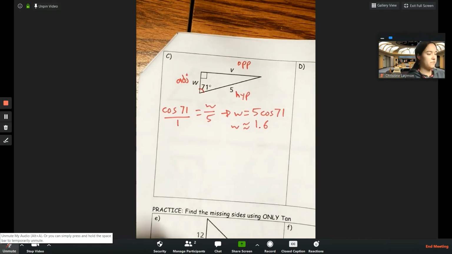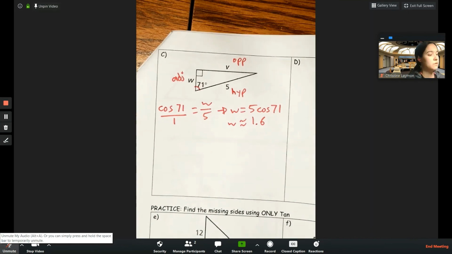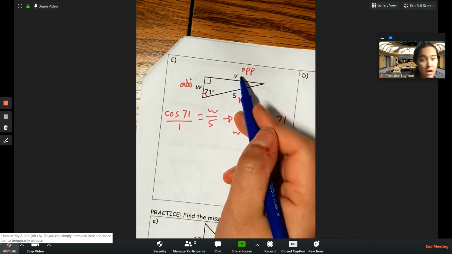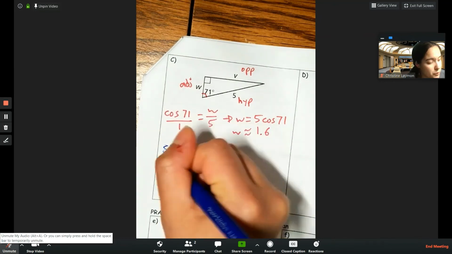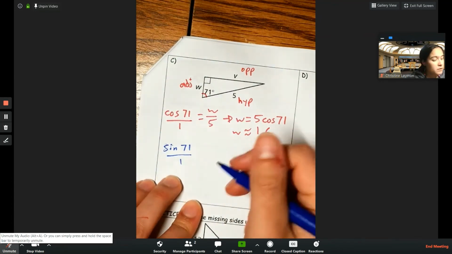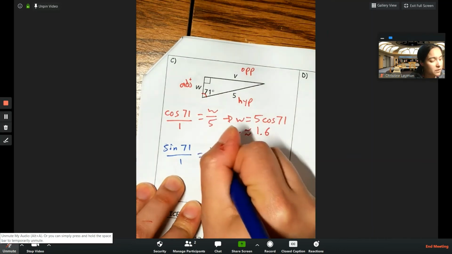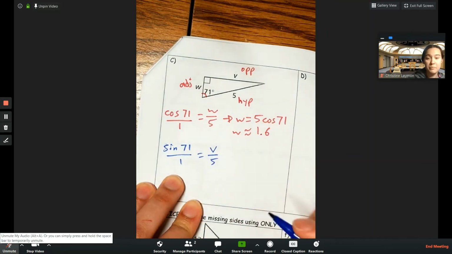Okay, now for the next one, and that was W. Let's go ahead and go after V. So V is using the opposite, so I have to use sine. Sine of 71 over 1 will have to equal V over 5, opposite over hypotenuse.